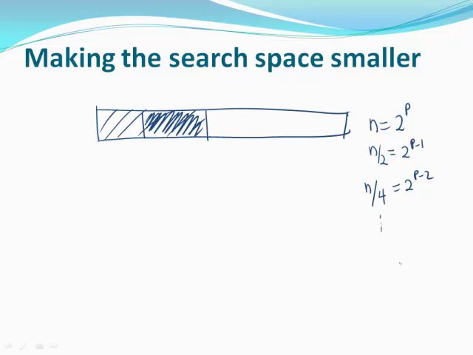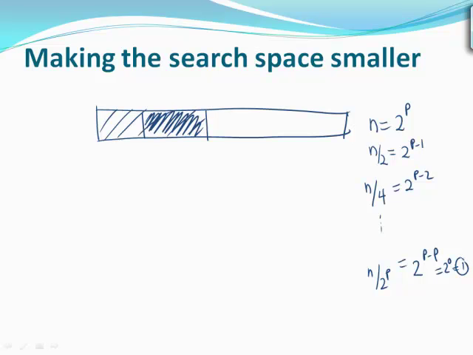If you keep dividing, eventually you're going to get to 2 to the p minus p, which happens to be, if you divide p plus 1 times, a search array of size 1.